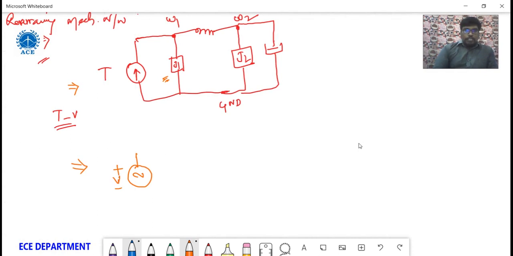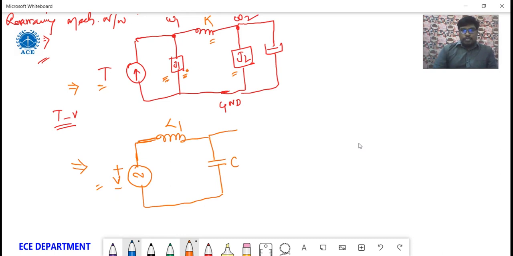T is converted as voltage here, and in this network we have the inertia element in parallel, so we need to write that in series. J1 becomes what? L1. TV conversion, this is L1. Now here K is connected in series. Now we need to draw that one as parallel. K becomes what here? C. While converting, that is C.